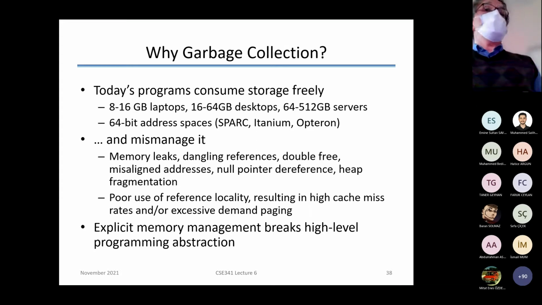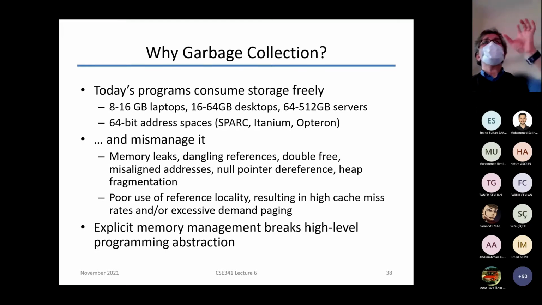we mismanage it. Memory leaks, dangling references, double frees, misaligned addresses, null pointer dereferencing, heap fragmentation, and all these things still happen. There is also poor use of reference locality. If you have an array or several variables that are used quite often, and you don't have these locally in similar blocks or close enough blocks, your hardware will do a lot of caching.